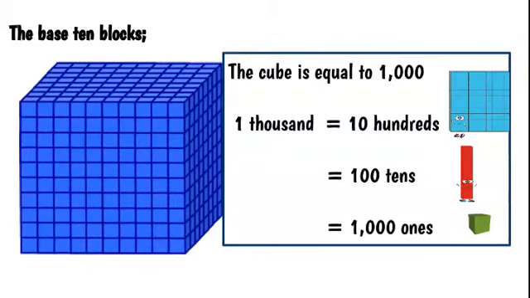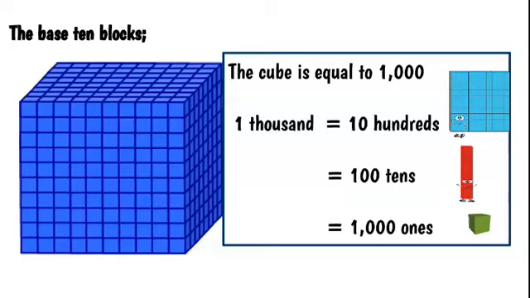The cube is equal to 1,000, and we saw where we use 10 hundreds to make 1,000. We can also have 100 tens combined together to make 1,000.